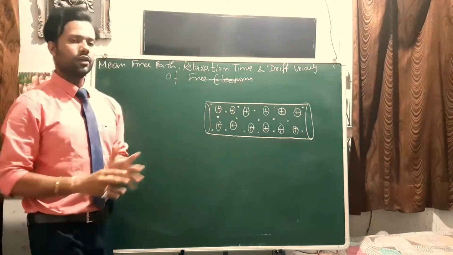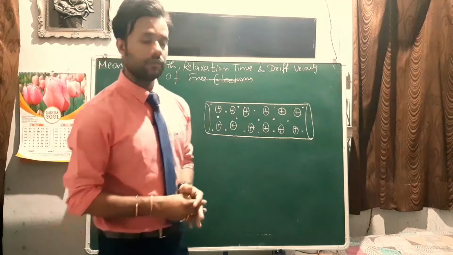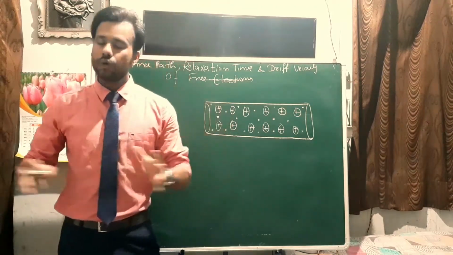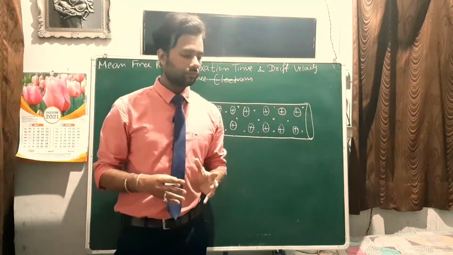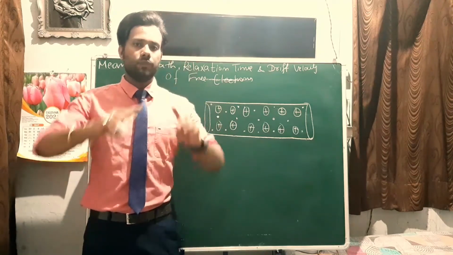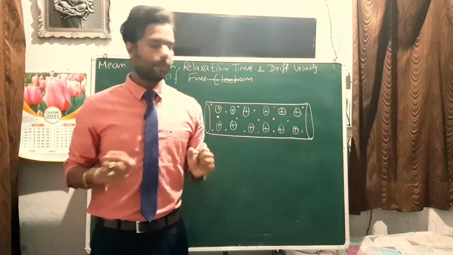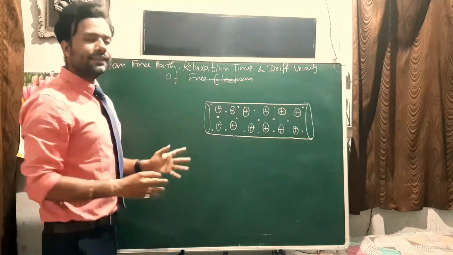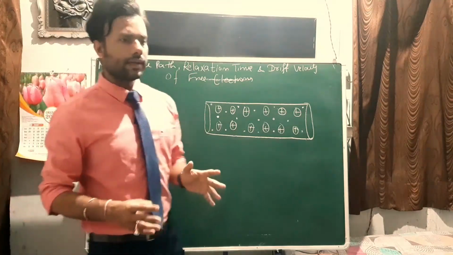We have free electrons, and I told you that these free electrons are free to move throughout the volume of the conductor, and they absorb energy from the heat of the environment. These electrons move like an electron gas.